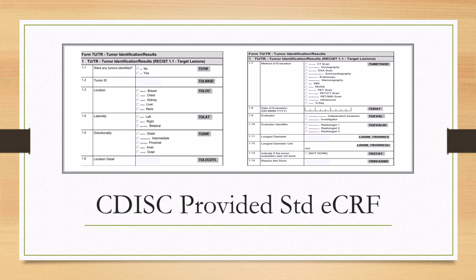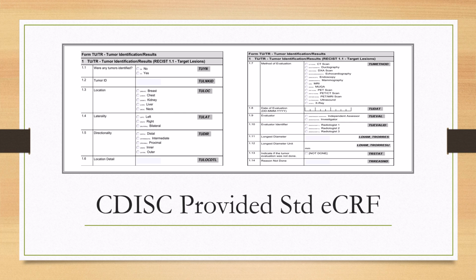That is a header question, you can say, and based on the response of yes or no, the rest of the information will be captured. The next information is the tumor ID, which is the link ID, which we will use throughout the tumor domains, the TU, TR, and possibly RS as well. So this is important information which is being captured in this particular CRF form.